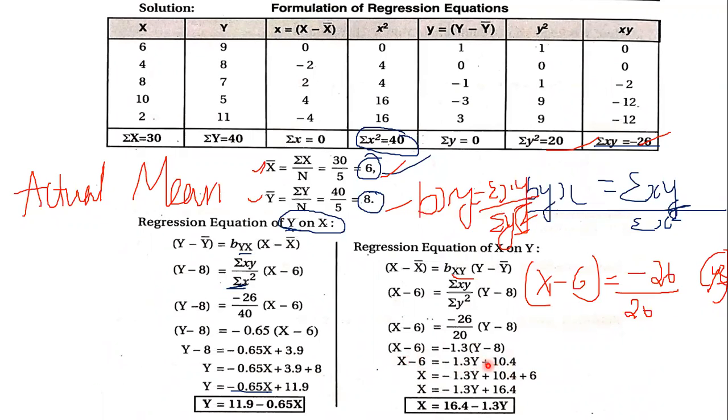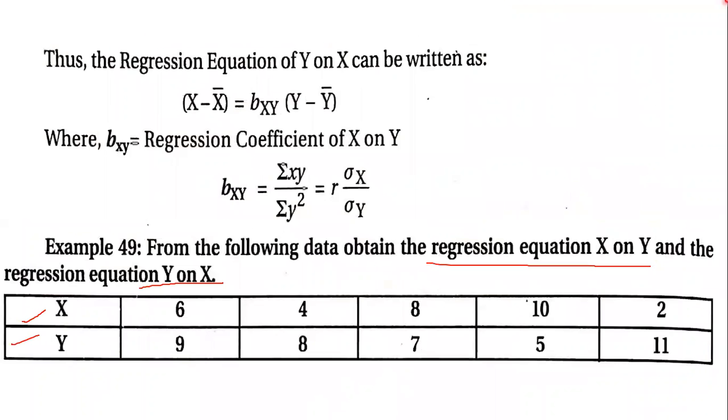It will become plus 6. Now, once you have plus 6, then you will be able to add these two and you'll get an equation. Again, put the positive number first and the negative variable next. So the regression equation x on y will be x is equal to 16.4 minus 1.3y.